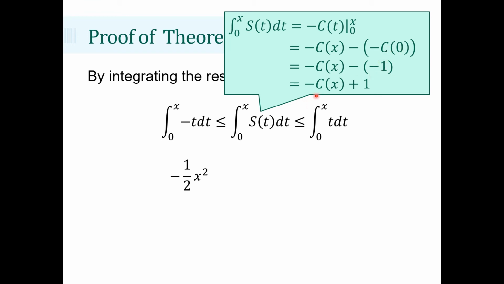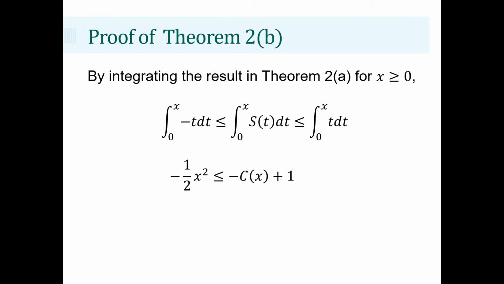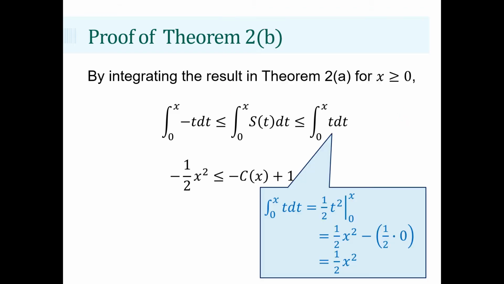Okay? So, we have negative C of x plus 1. And finally, eto naman, ang kanyang integral naman is 1/2 t squared evaluated from 0 to x. So, that is just equal to 1/2 x squared minus 0 or that is 1/2 x squared.